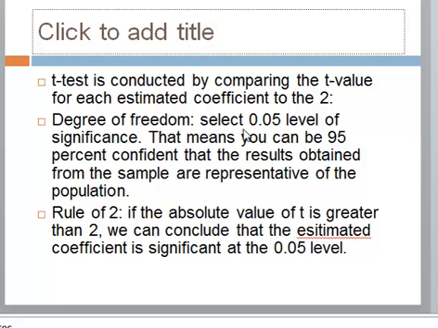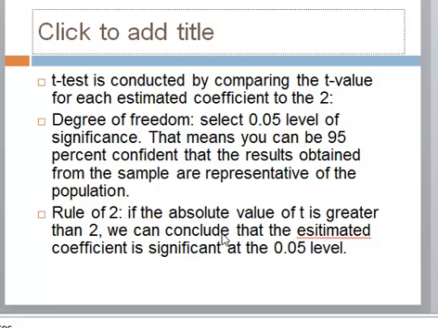Degree of freedom. Select the 0.05 level of significance. Usually the level of significance is given information, which means you can be 95% confident that the results obtained from the sample are representative of the population. Rule of 2, I already talked about this.